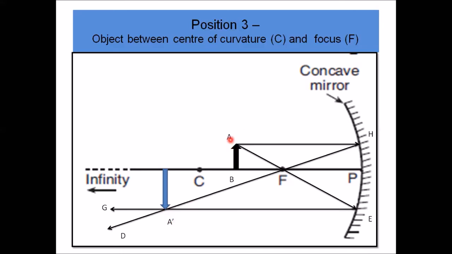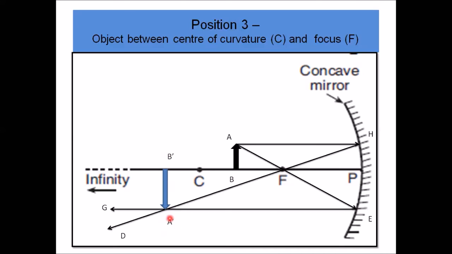Because A was the arrowhead of the object, and we have taken light from it, so we name it that way. Here also A dash is the arrowhead of the image. The bottom of the arrow, B, gives B dash. So the image is forming as A dash B dash.